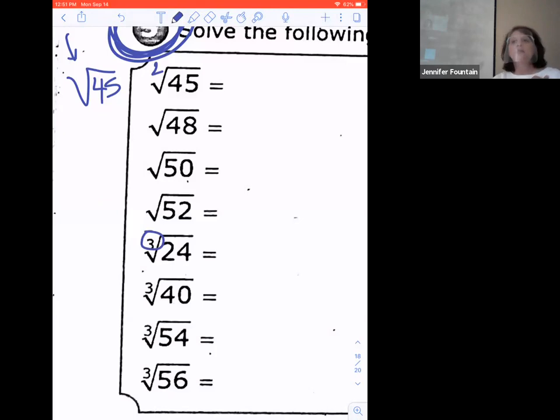The index is 3. That's called our index. The index tells us how many of each number we need to group for one whole number to come out. That's what helps us know how many buddies we need to have.